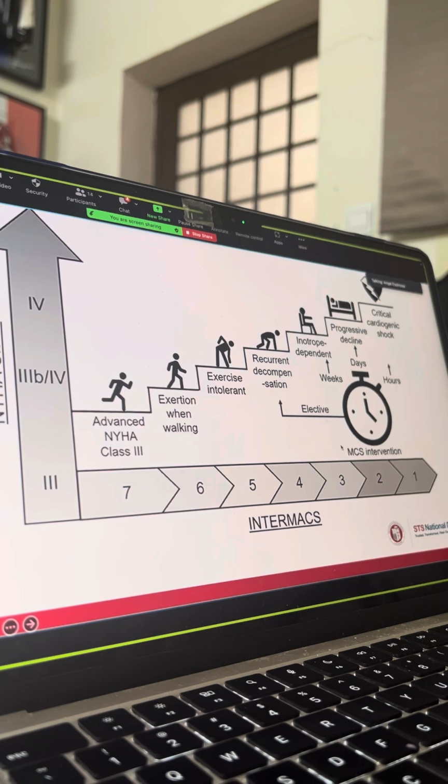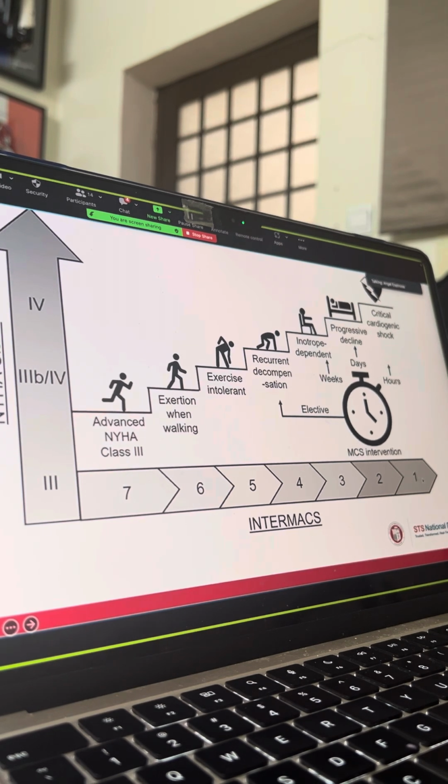That way, we will say that the 3 most serious conditions are INTERMACS 3, 2, and 1. In INTERMACS 3, we are talking about a patient that requires a lot of inotropes and will go into decompensated cardiogenic shock very soon. In INTERMACS 2, the patient is already in high requirement of inotropes and maybe already requiring mechanical support intervention.